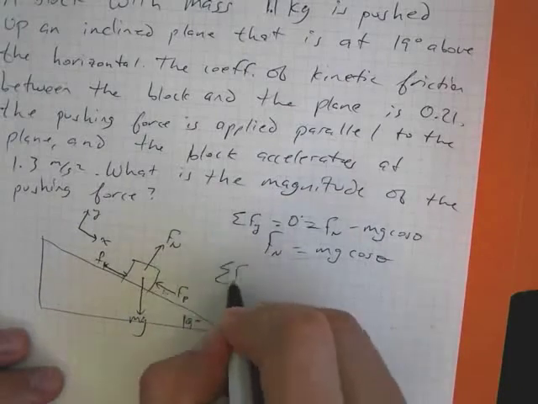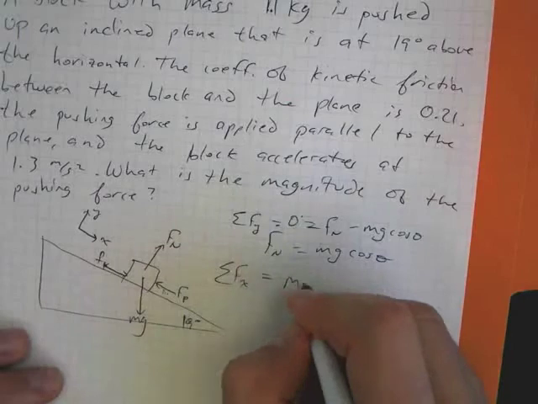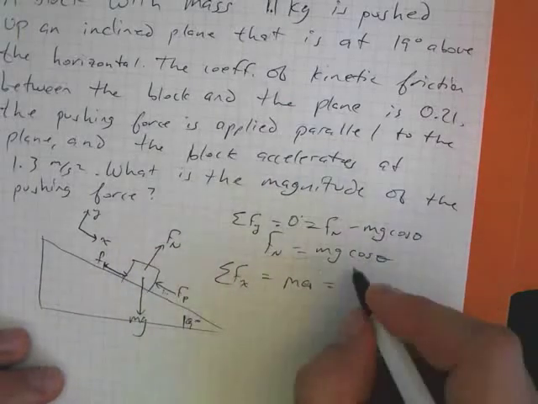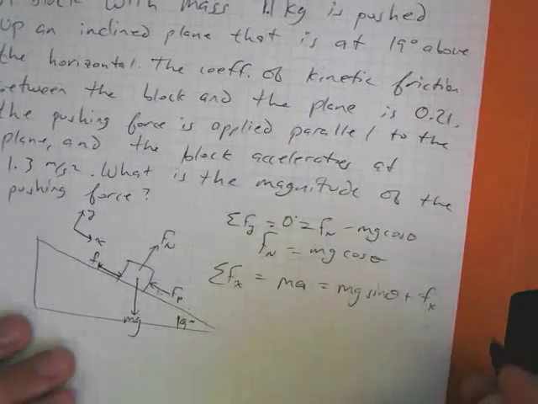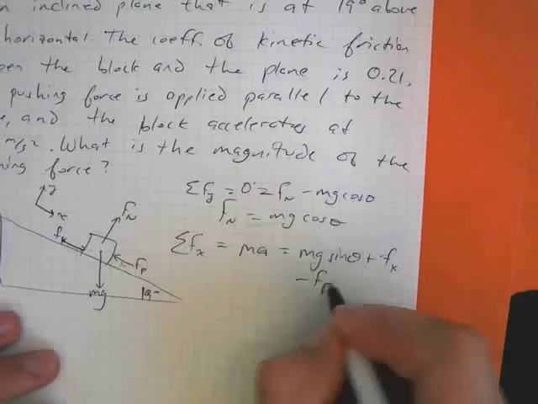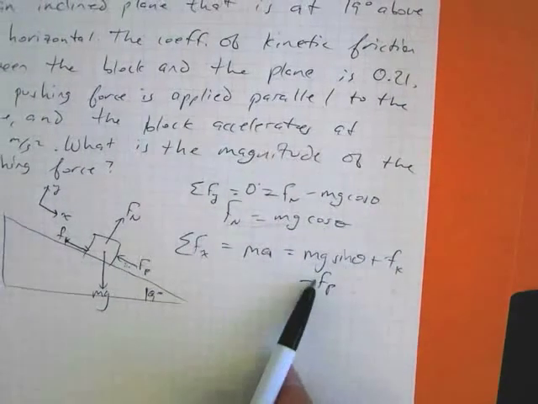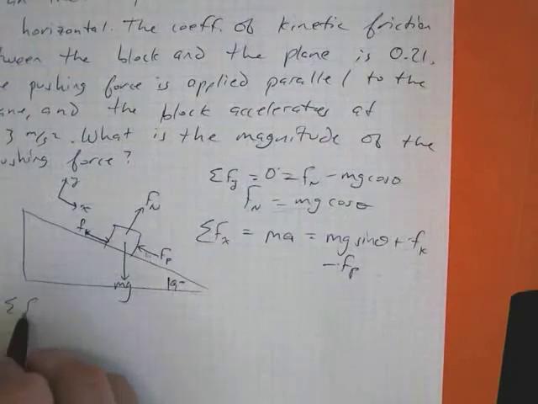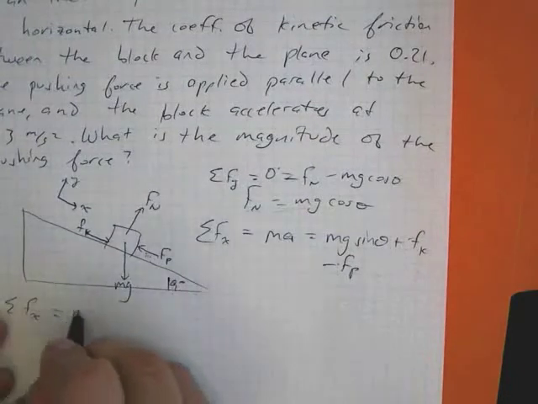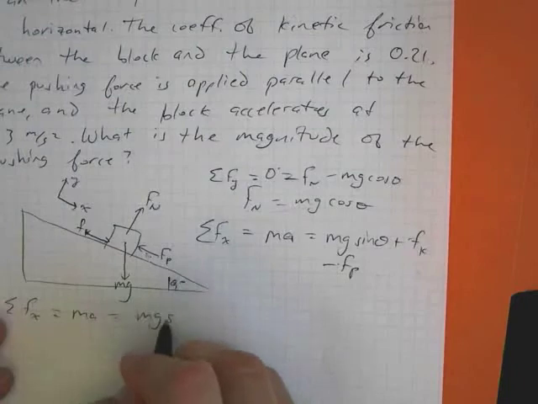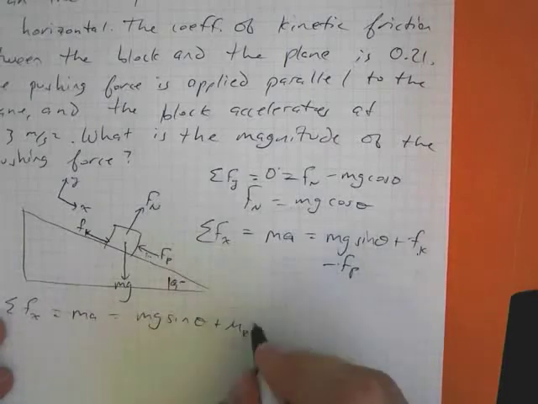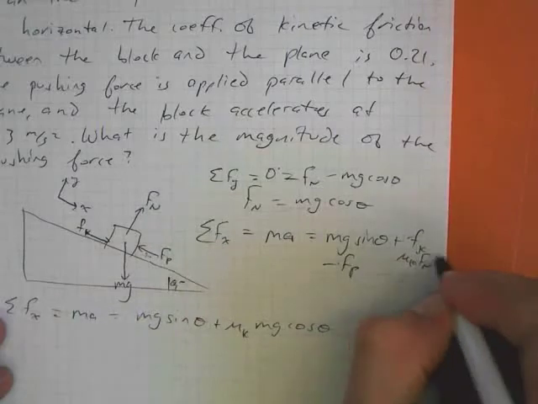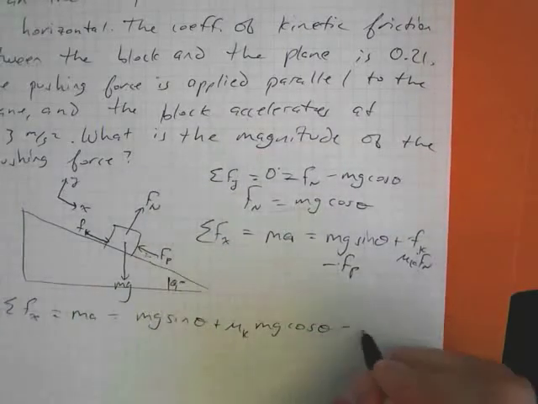In the x direction, the sum of the forces is equal to mass times acceleration. We have mg sine theta and kinetic friction going down the ramp, and then we have the pushing force going up the ramp. So, in the x direction, we have ma equals mg sine theta plus kinetic friction, which is mu k times normal force, which in this case is mg cos theta, minus the pushing force.